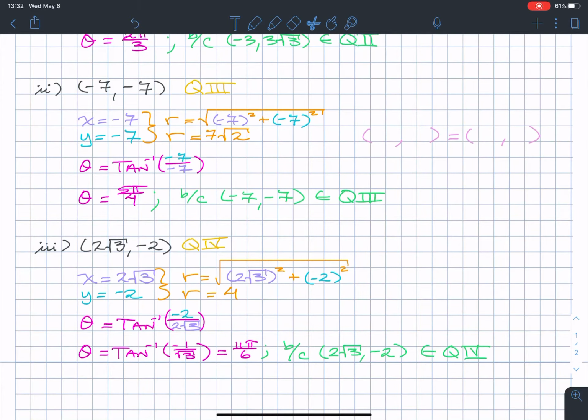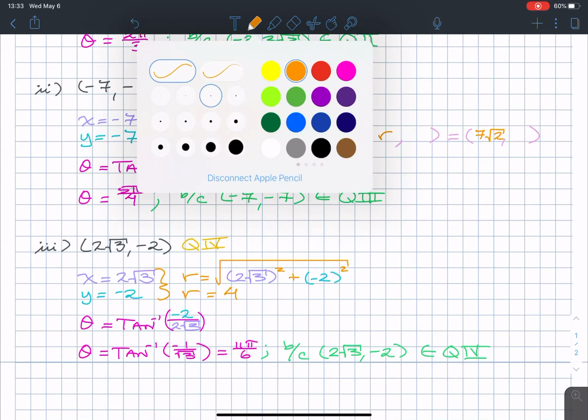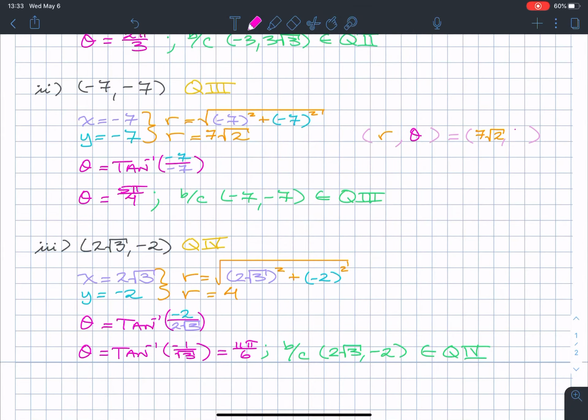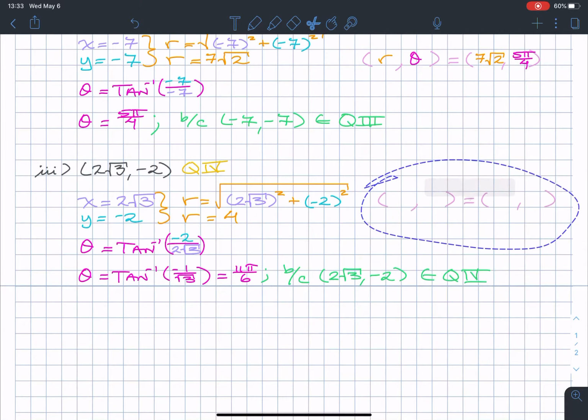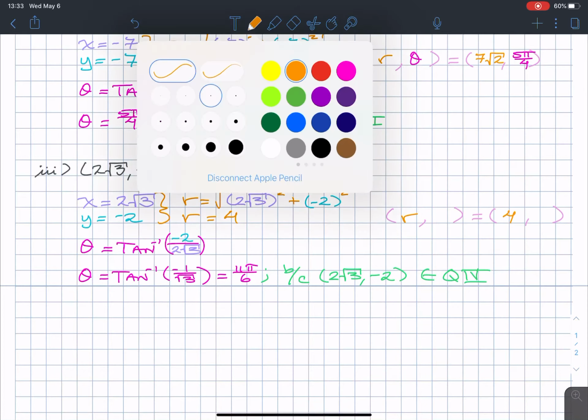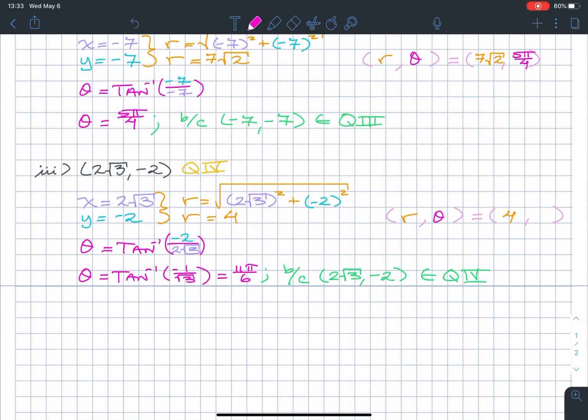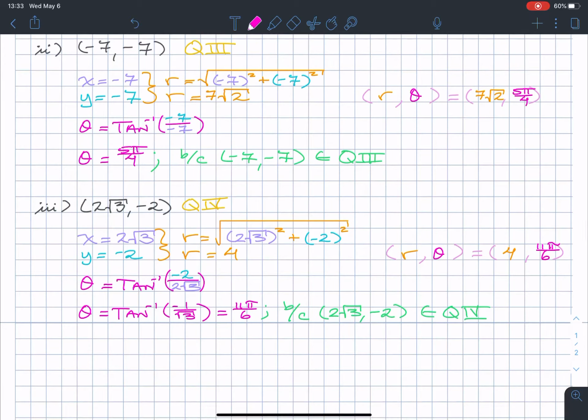So in the second case, our r comma theta will be 7 root 2, and our theta will be 5 pi over 4. And last but not least, over here, we will have that our r comma theta is 4, comma 11 pi over 6. So that's how we write the coordinate in polar form.